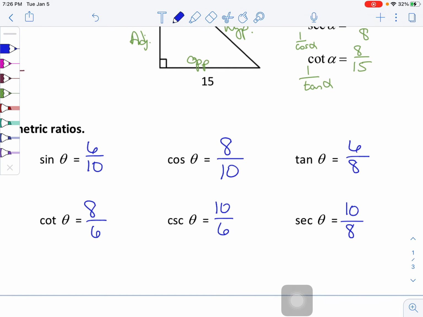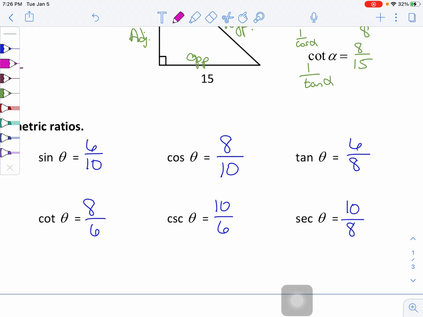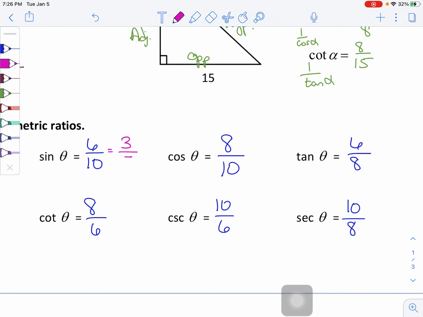I'm going to zoom in just because I can. Let's do a little reducing. 6/10 would be 3/5. 4/5. 3/4, which would make this 4/3. Then 5 over 3 and then 5 over 4.